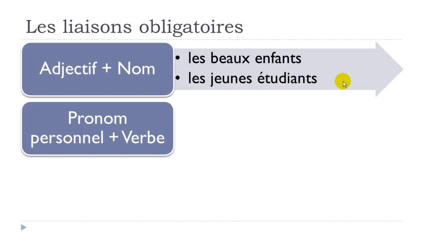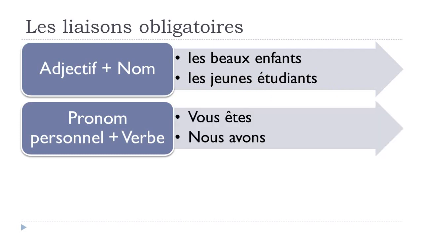All right? And then if you get this pronom personnel, so I, you, he, she, etc., and then your verb. So in that case, I took vous, okay? And then the verb être, to be. So in that case, you get vous êtes, so you make the liaison between the two. And then avoir, to have, nous avons. All right? So remember, pronom personnel, then the verb, you make the liaison.